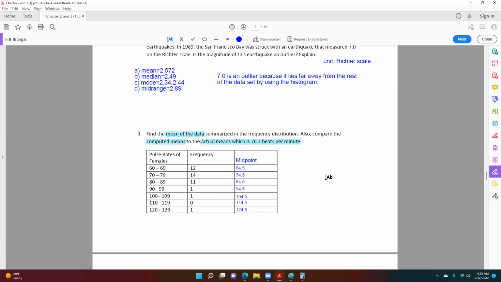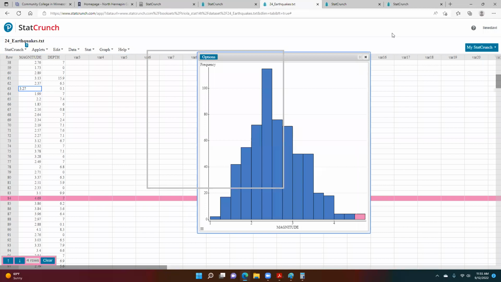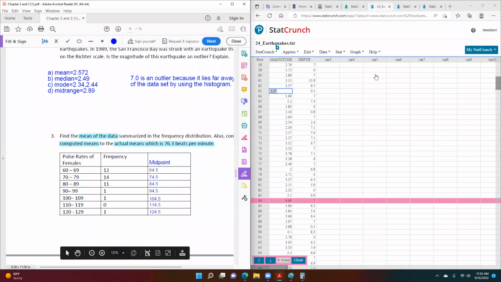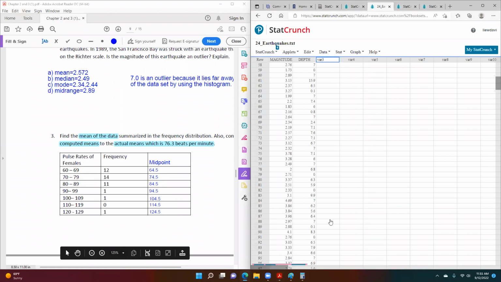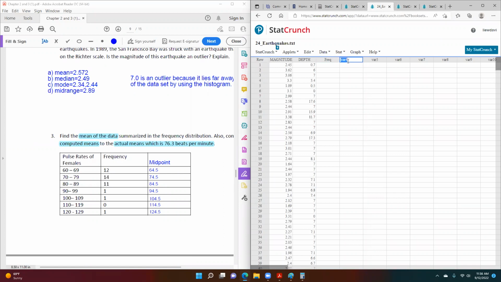So what you need to do, class, is enter your frequency and your midpoint in StatCrunch. Make sure you pick another variable in this case. I will use var3 as your frequency, and var4 as your midpoint.